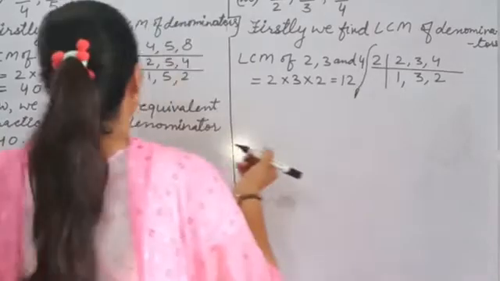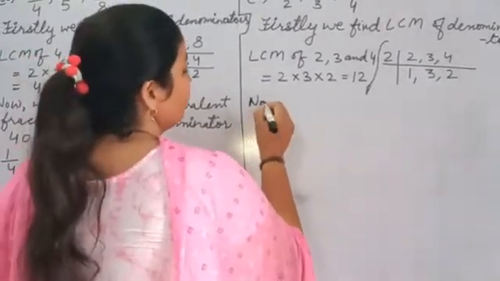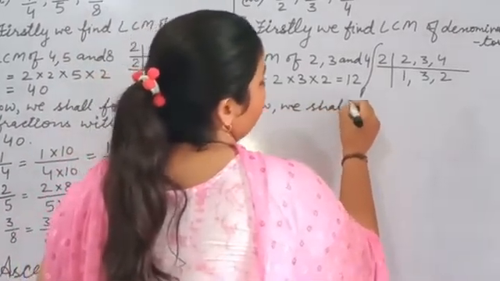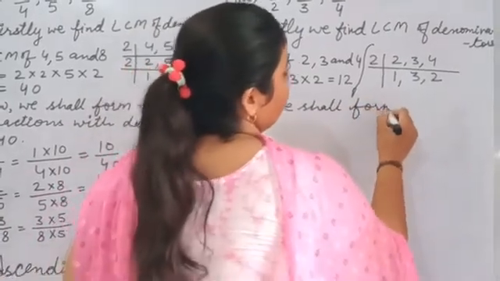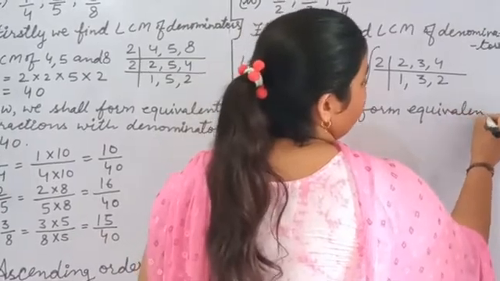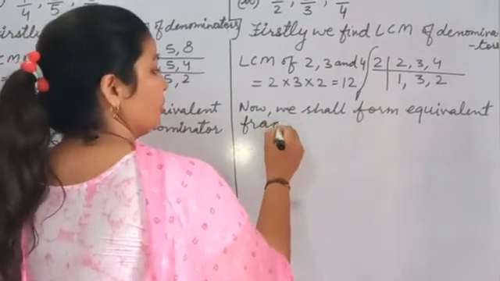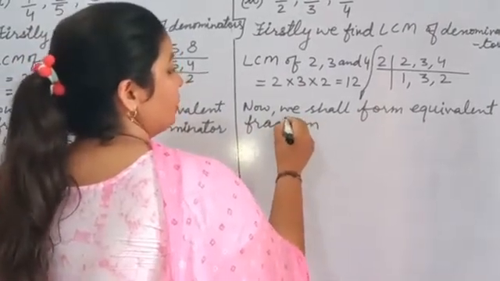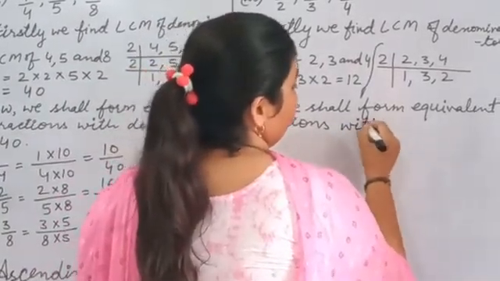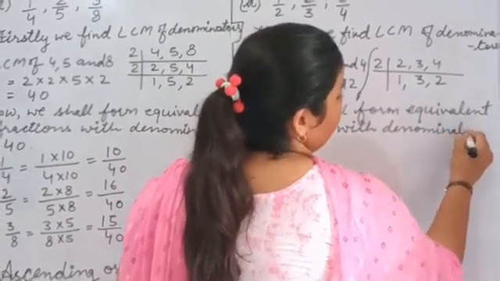Okay. Now we shall form equivalent fractions with denominator 12.